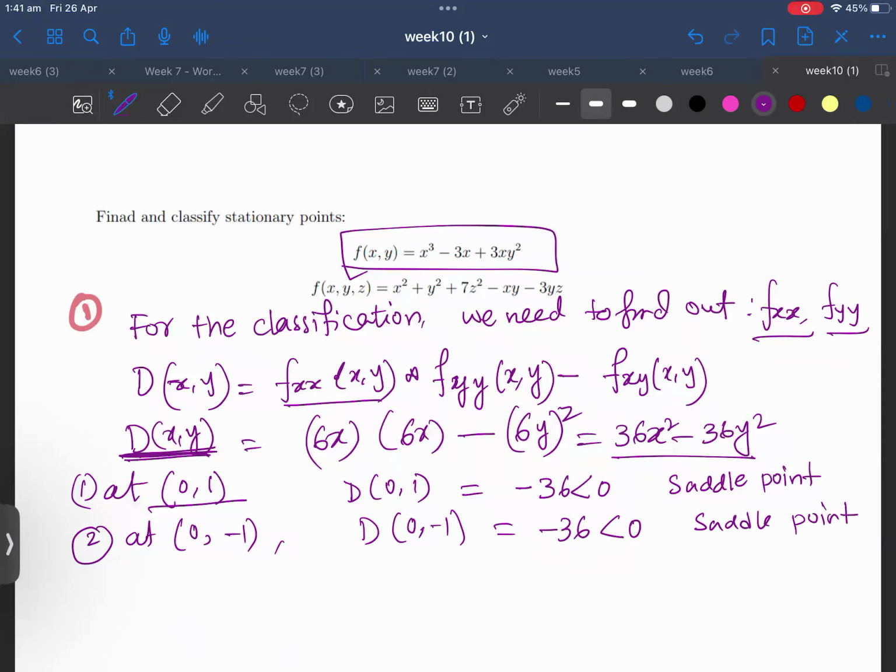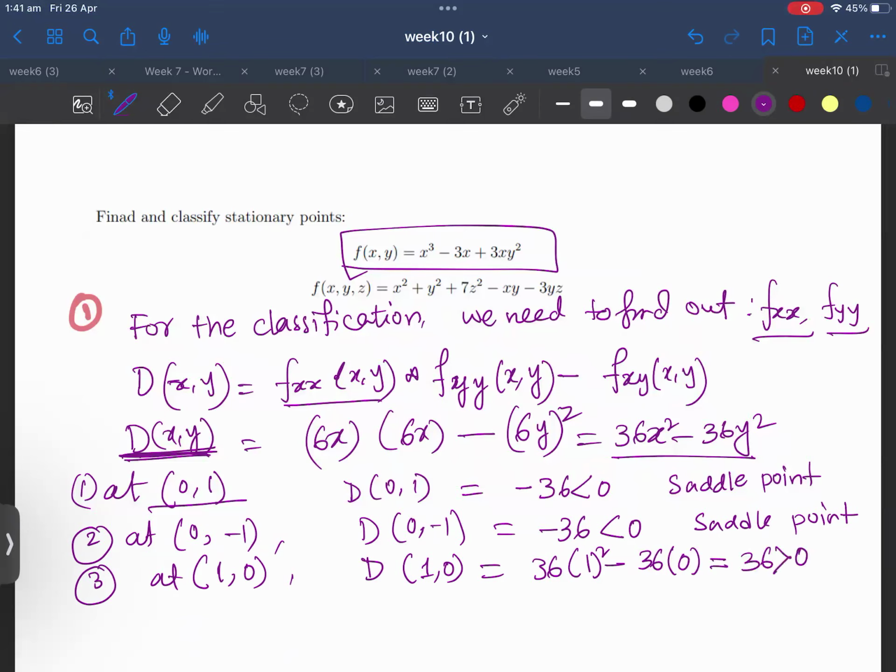Okay. Now at number 3, it's 1, 0. Then D of 1, 0 equal to 36 times 1 squared minus 36 times 0, which gives you 36. So this is where f xx matters: when it's positive, then it is a minimum point.